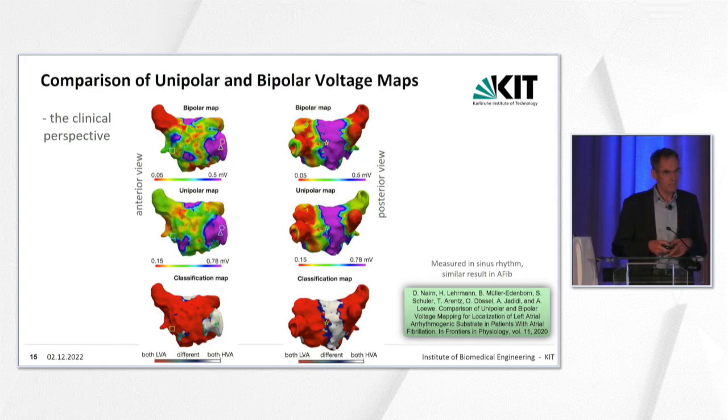The reason is that if you go to extremely low voltages, then you go to fibrotic tissue, and then the bipolar signals do not cancel anymore. And so you can easily use the bipolar voltages.